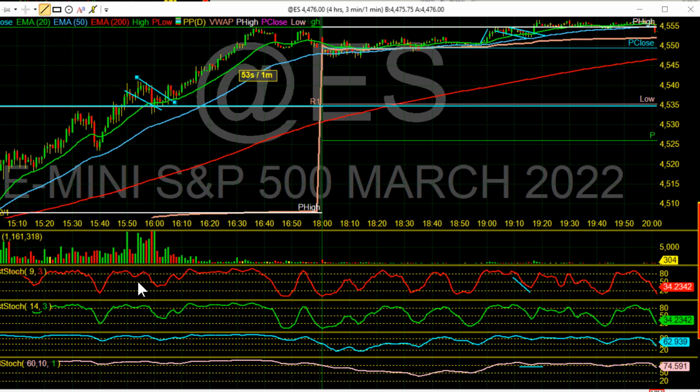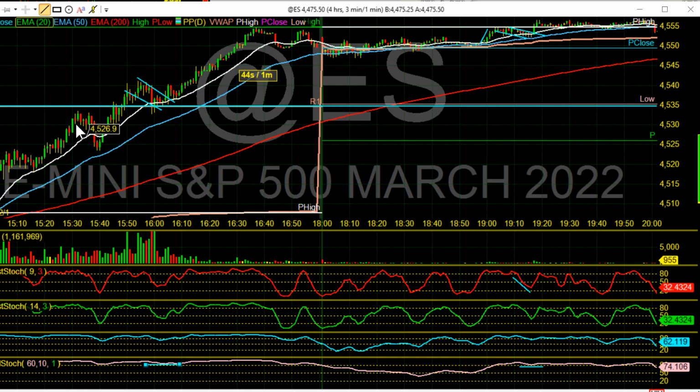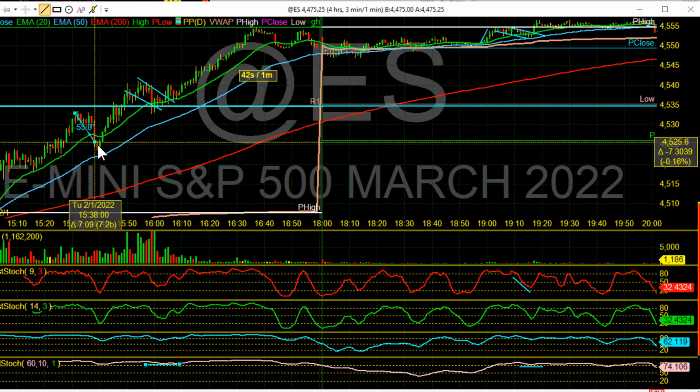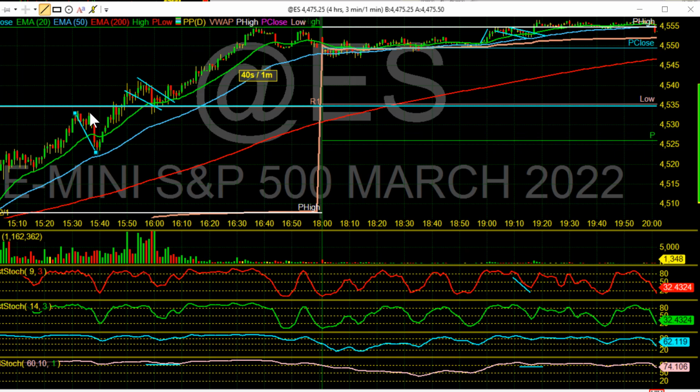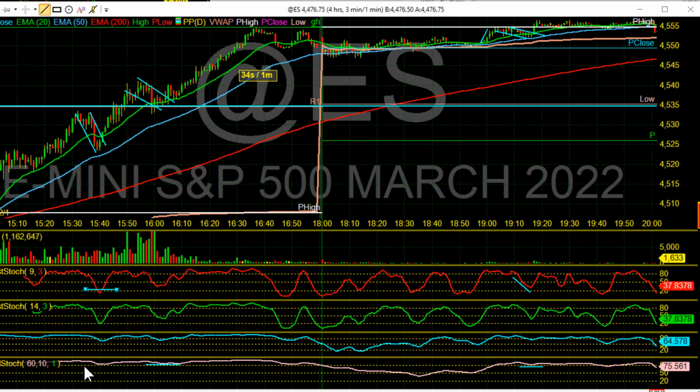That was a little sloppy, but you had that rotation. This was holding, and we're holding the 20. This one is a pretty good one, but it did break under the 20. But that was a very fast rotation like that. And I like those fast V-shaped rotations, and these hold above the 80 line.